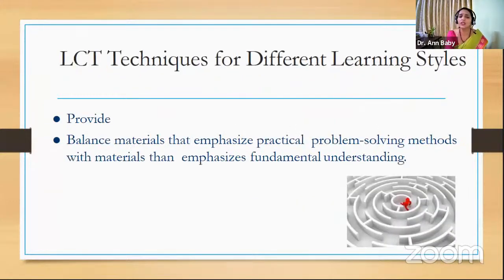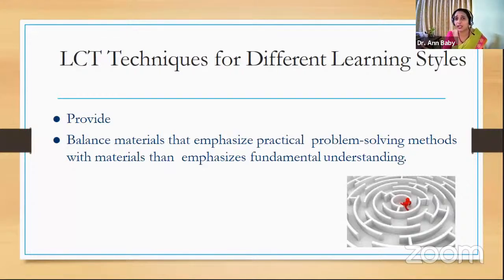Now you can do it with a mixture of things. You can balance the material. Have a mixture of concrete information, where you have facts, figures and all that, and even abstract, where you have all these theories. Have logical patterns. Give a lot of attention to the tactile learners, sensing.